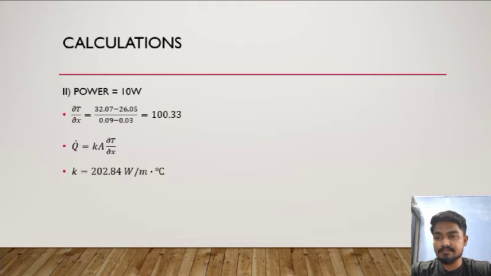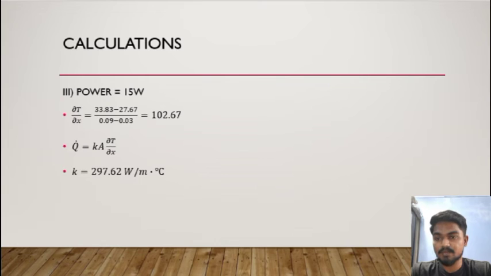So the same thing has been done for all the calculations. We get the gradient from the graph, and then using the heat conduction formula, we get the thermal conductivity for 10 watts heater power, which is 202.84 watts per meter degree Celsius, and for 15 watts heater power, the thermal conductivity is 297.62 watts per meter degree Celsius.